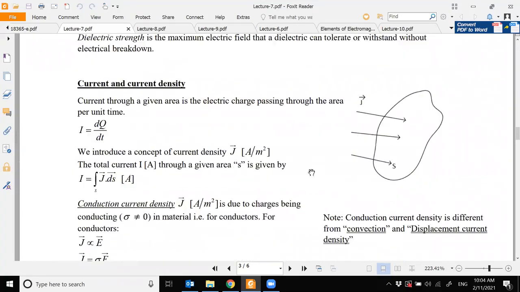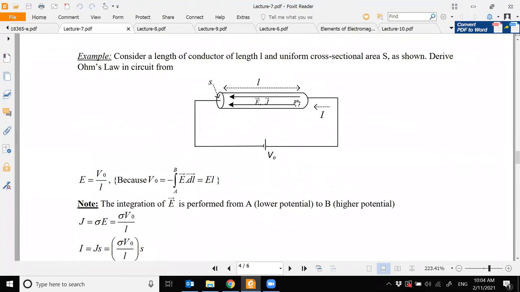But when the conductor is not isolated, for example here, when the conductor is connected to a voltage source, then we don't have this equilibrium. So in this case, you will have the electric field inside the conductor because of extra charges which are coming here and going from here because of this voltage source or electromotive force.